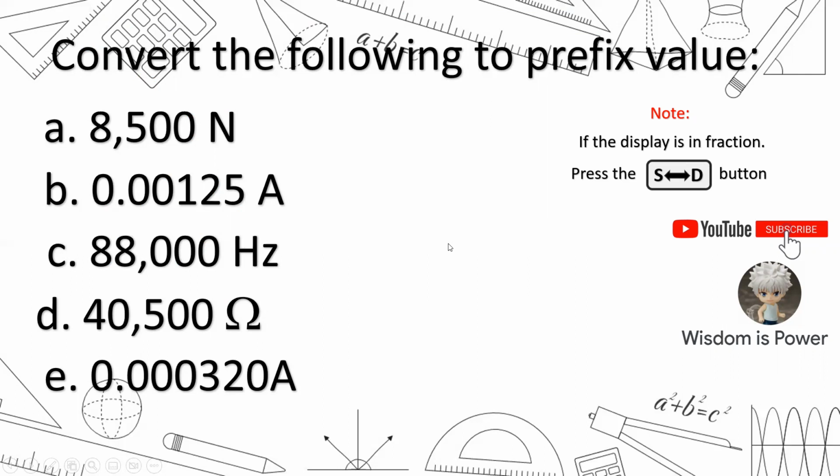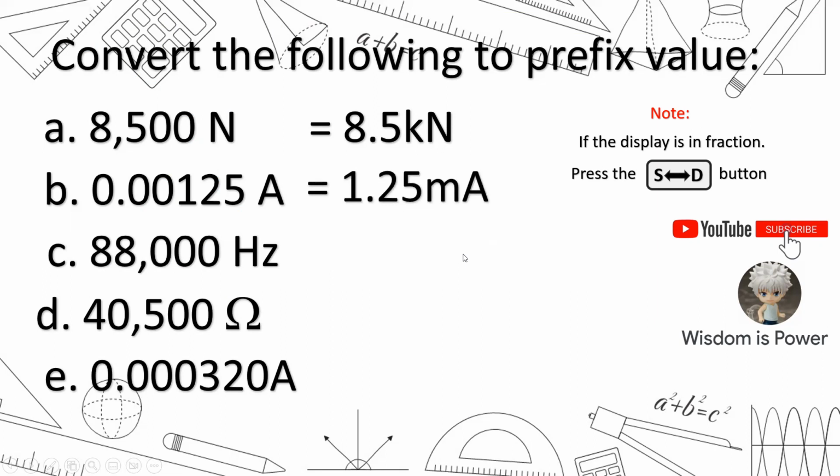So 8,500 newton, of course, you have to press 8500, then equal sign, then the ENG button. So that will give you 8.5 times 10 to the positive 3. And we all know that times 10 to the positive 3 in our table corresponds to the prefix kilo. So that will be 8.5 kilonewton.